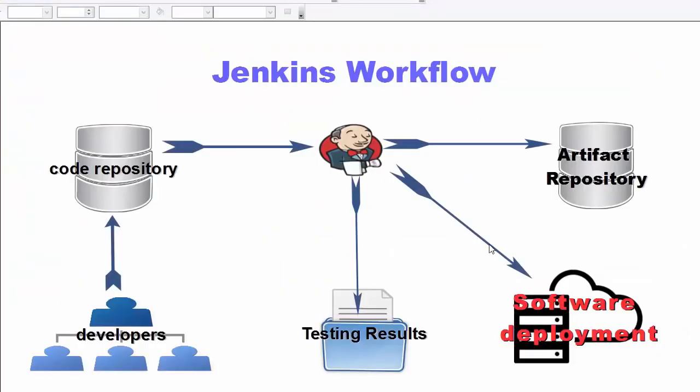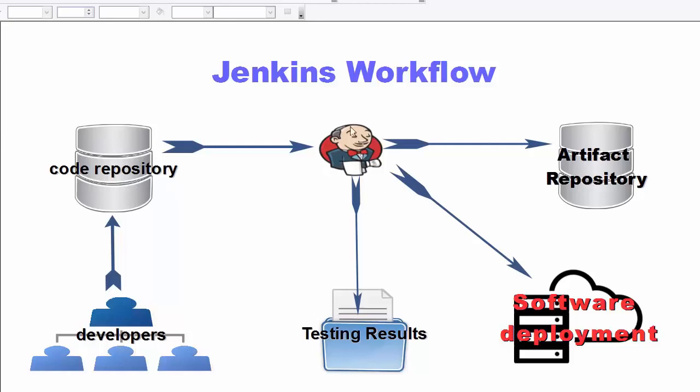Now to explain this, I will reopen this diagram which I showed you in the introduction of Jenkins. Every change which you make in your software, for example you are a developer and you make changes in the software and you push those changes into your code repository. In our case, for example, we will take the Git repository, right?